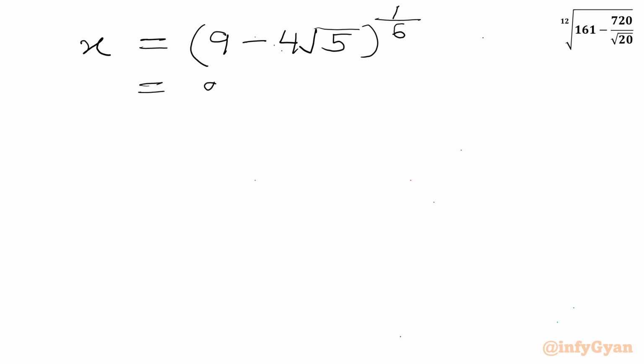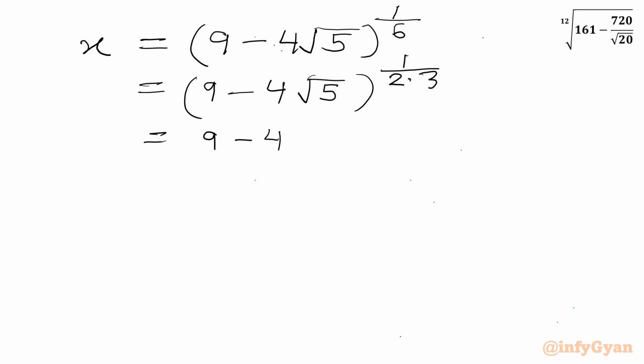Again I will write 9 minus 4 square root 5. Power can be factorized as denominator only 2 times 3. So again I will use exponent property: 9 minus 4 square root 5 whole power 1 by 2 and then whole power 1 by 3.